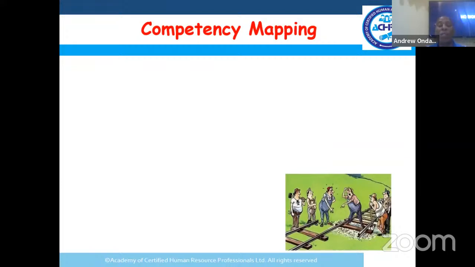Otherwise, employees will look at us as we are afraid when it comes to those board meetings, and the people will be pointing fingers at you that you have failed in your work. If you look again at this photograph, apparently nobody did an audit of what is happening and what is likely to happen.